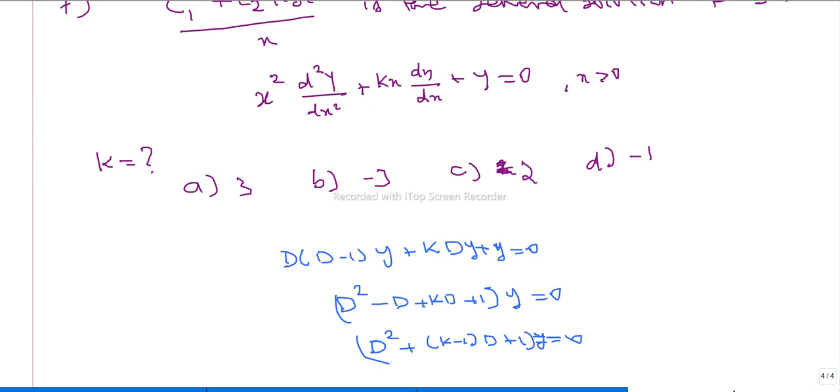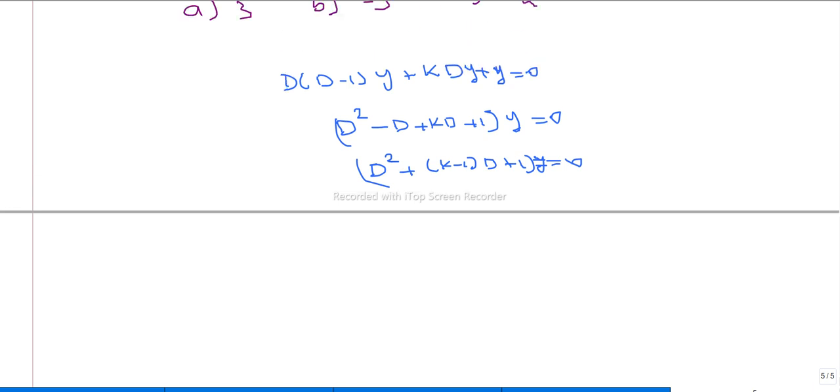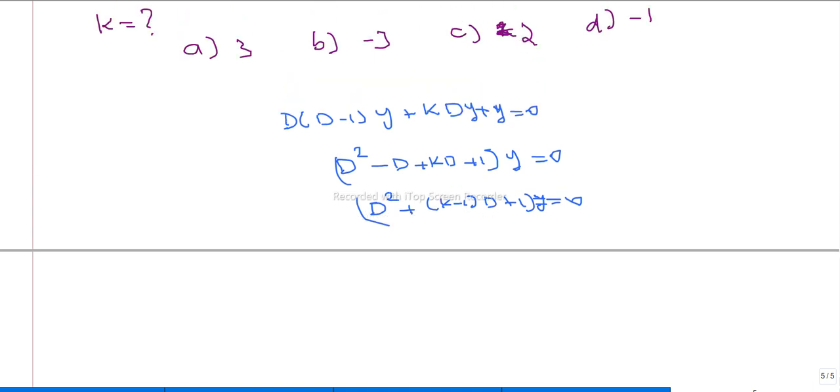So what is the solution? The auxiliary equation is m square plus (k minus 1) times m plus 1 equal to 0.